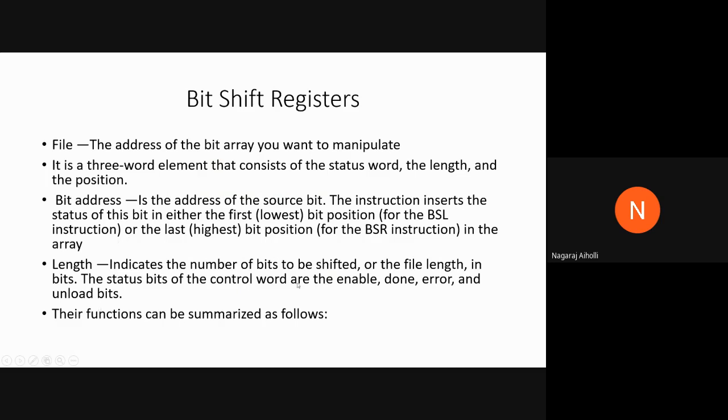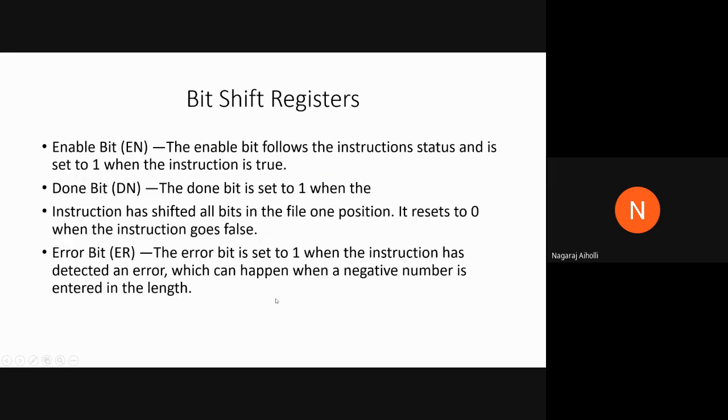Length indicates the number of bits to be shifted or the file length in bits. The status bits of the control word are the enable bit, done bit, error bit, and the unload bit. The functions of these are almost the same as those of the sequencing registers we discussed.